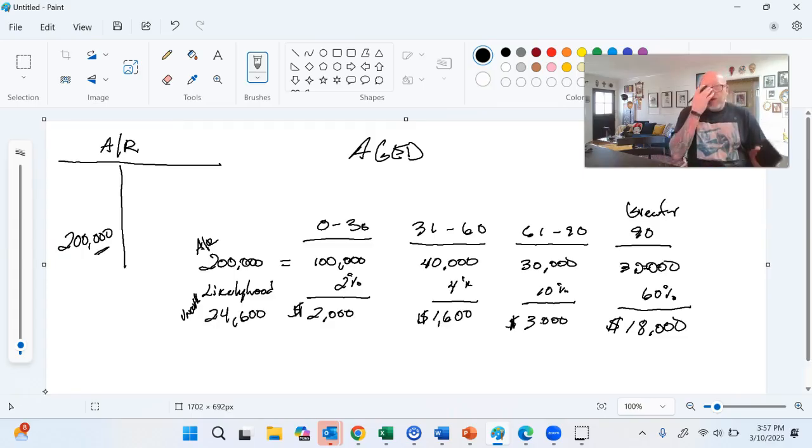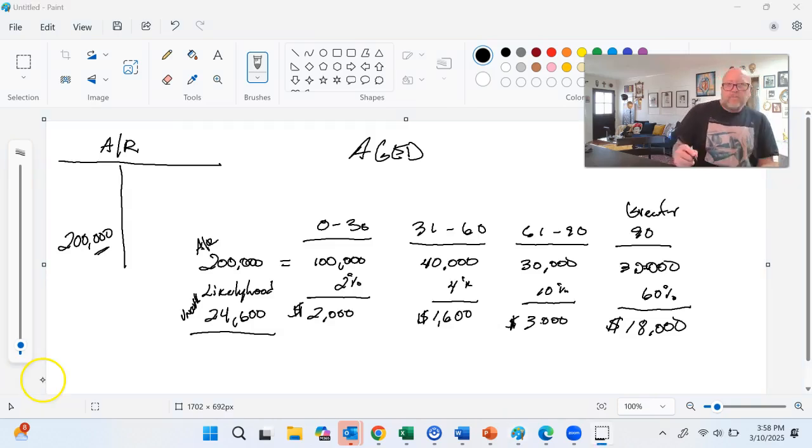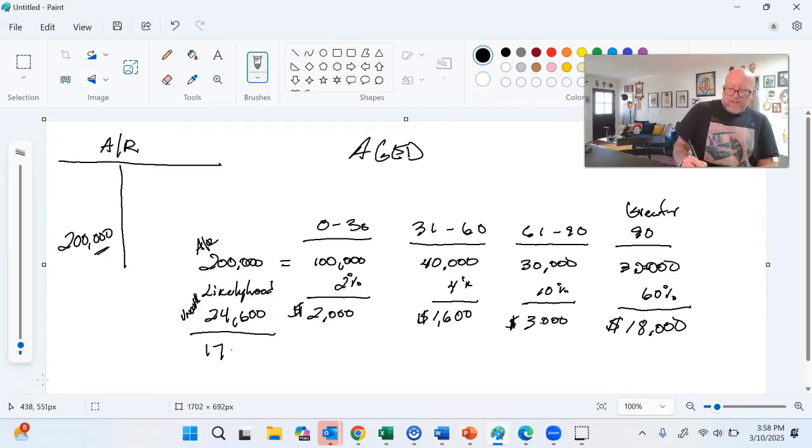Okay, we are thinking that of the 200,000, we're not going to collect 24,600, and therefore the net realizable amount is, forget it. I can't do it in my head. I'm getting 175,400.